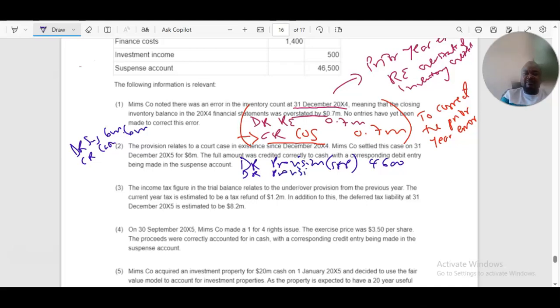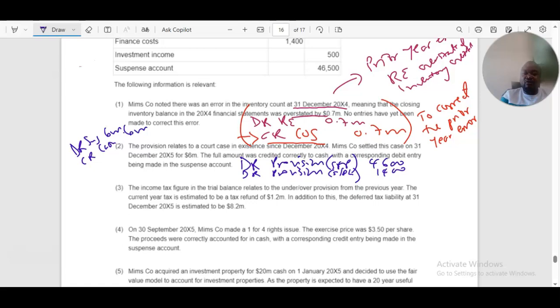But this time we have moved from 4.6 to 6 million, which means this increase is actually going to be expensed in the statement of profit or loss. So we are debiting the statement of profit or loss with the difference, which is how much? 6 million minus 4.6, that's 1.4.